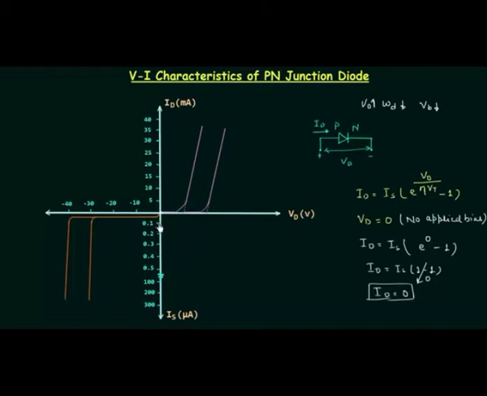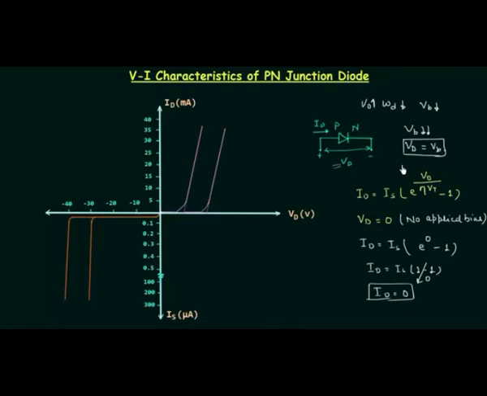But if you go on increasing the forward bias potential, VB reduces further, and there is a small current through the diode because some electrons will cross the junction. When VD is equal to VB, it means the forward bias potential is equal to the barrier potential.